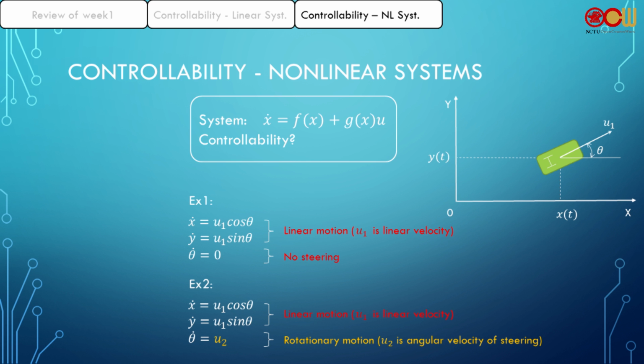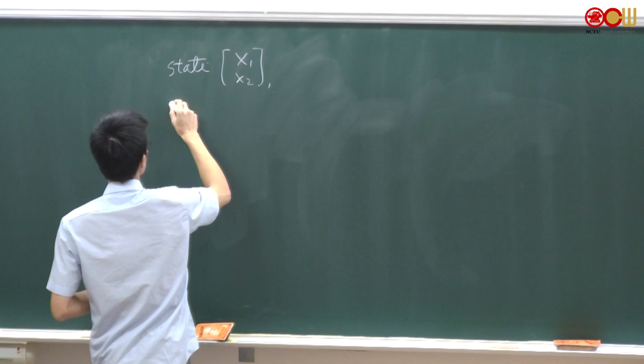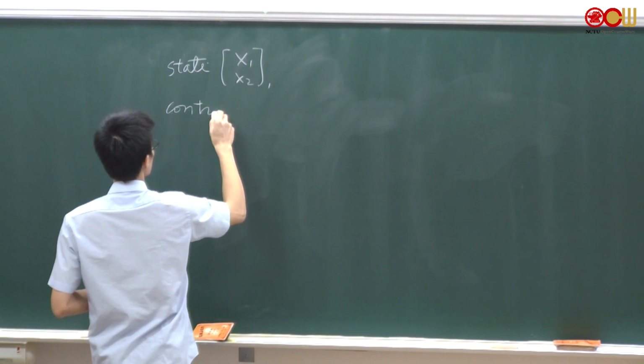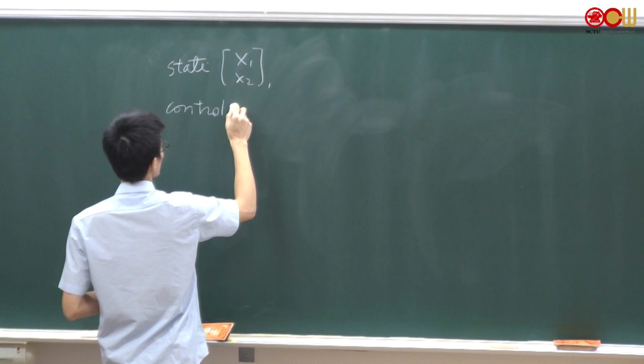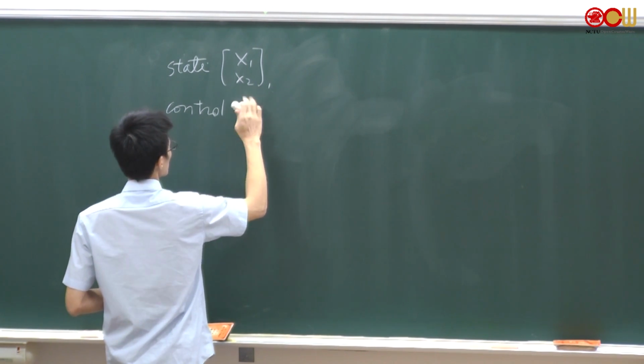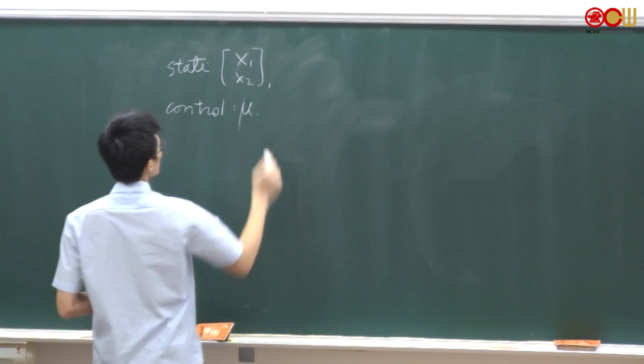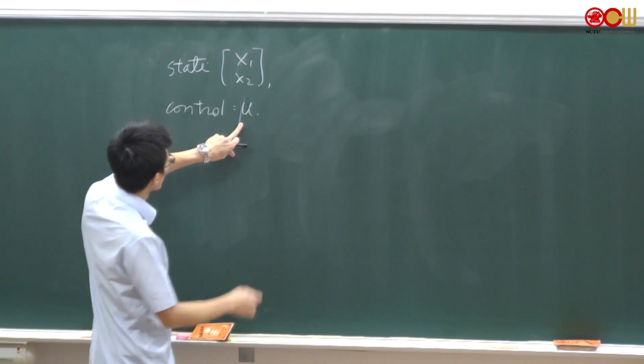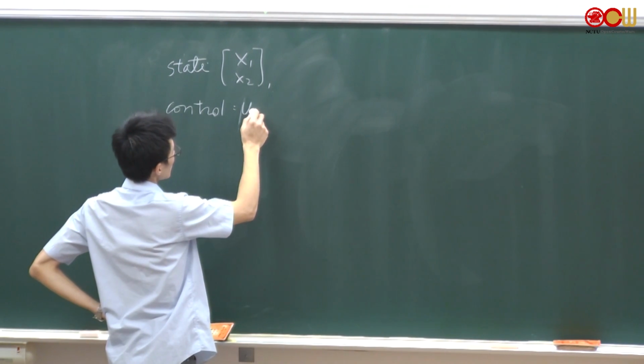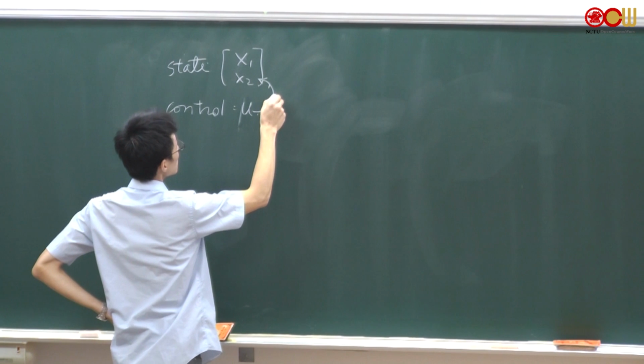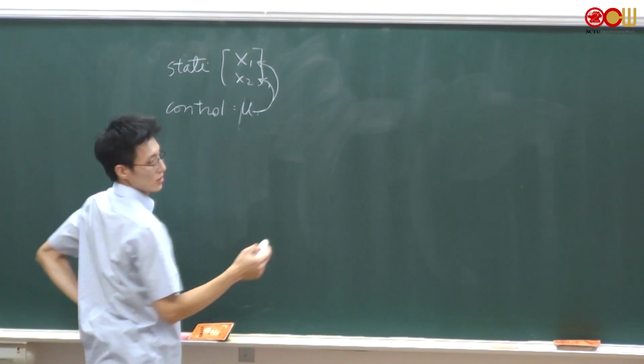In these 2 examples, one is not controllable, which should be obvious. In the linear system, I said if the states are x1, x2, and your control input is u, and you can find a way to control every state by this u, the system is controllable.